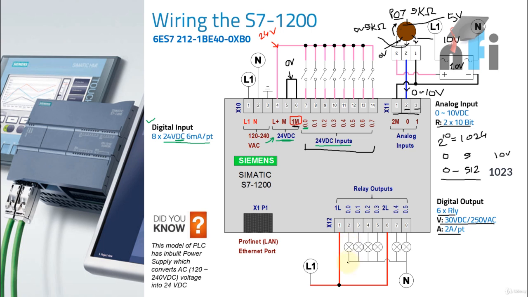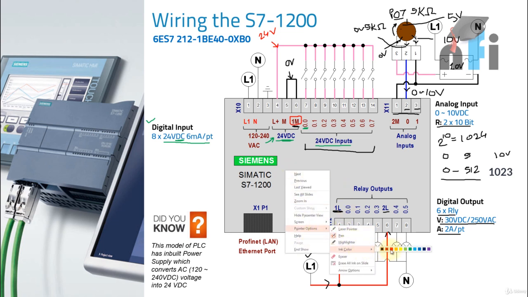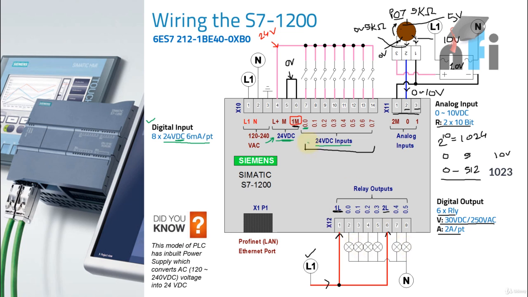Okay, so how to connect that? You see that this is L1, this is the line. Line is connected to my pin number 1, which is 1L. 1L is my common, and 2L is pin number 6. So what happens when the logic inside the PLC is solved? Suppose you have a logic which says this first input, and then you have an output. Here I'll make an output which is connected to my I0.0, and this is connected to my input.